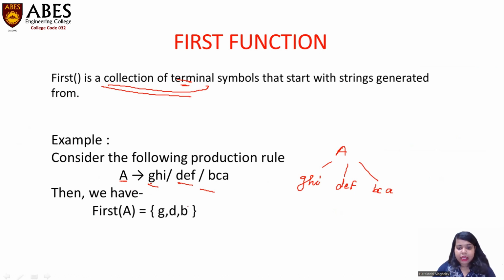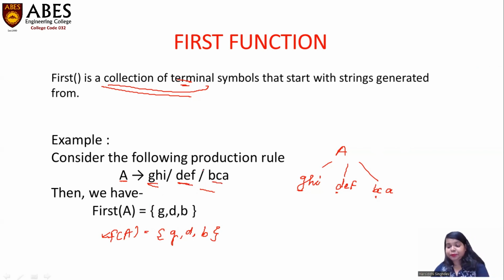For example, A can derive GHI, DEF and BCA. We can say that first of A will be either G, or D, or B. This is the base case of first, where all the strings generated start with terminal symbols.